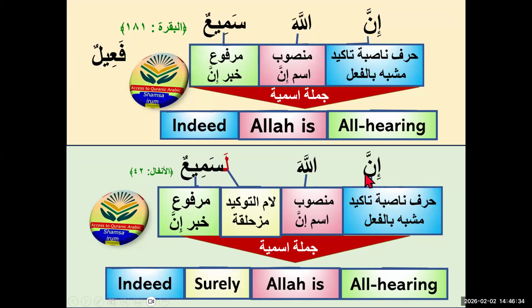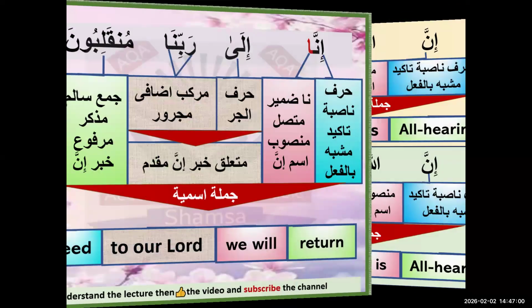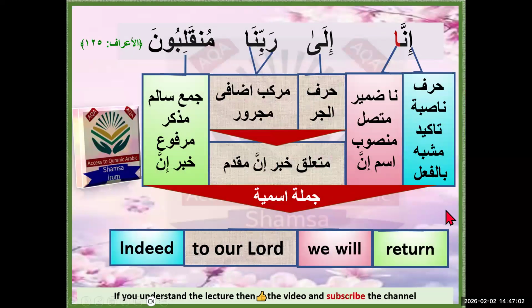There are three types of emphasis: first is inna, second is lamu tauqeed, and the third is the pattern of fa'il, because sami'un means not only hearing, but all hearing. Indeed surely Allah is all hearing. Okay, let's move on to the third part of this ayah. Look at the next screen.